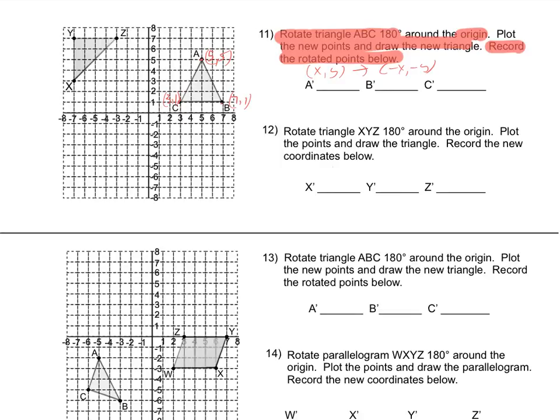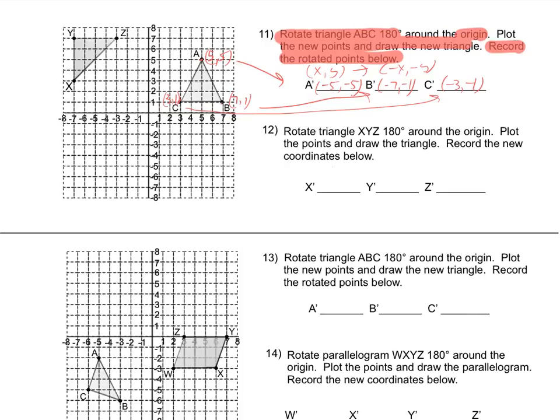So if this is our original A, that now becomes -5, -5, and our new B is -7, -1, and then our new C will be -3, -1.